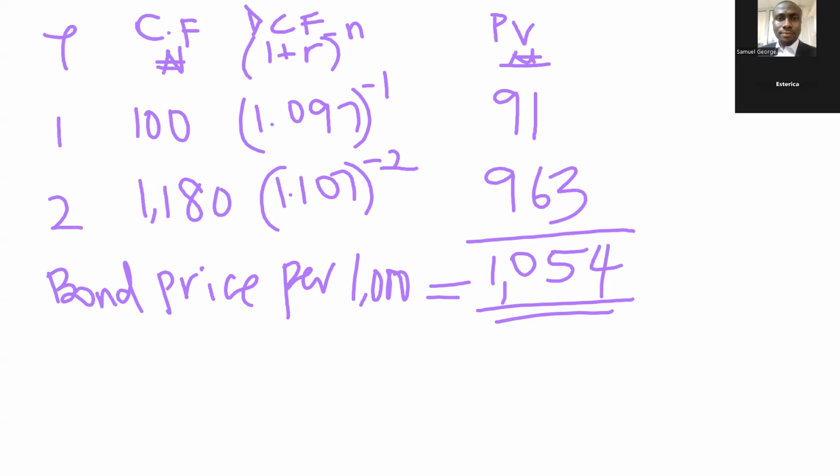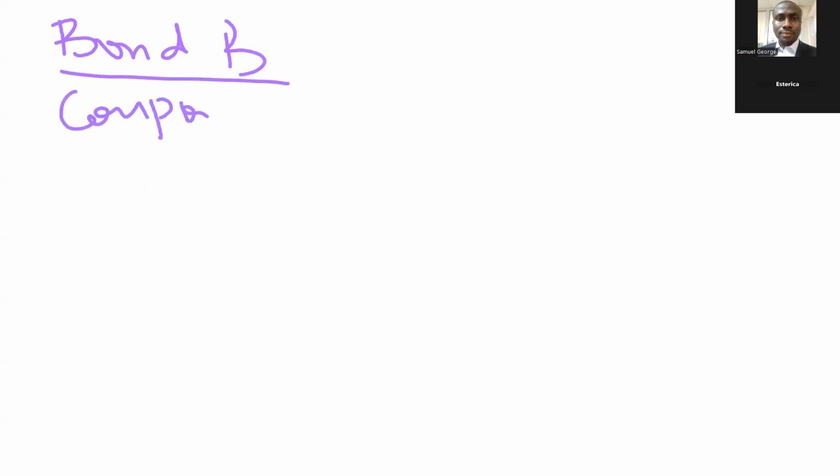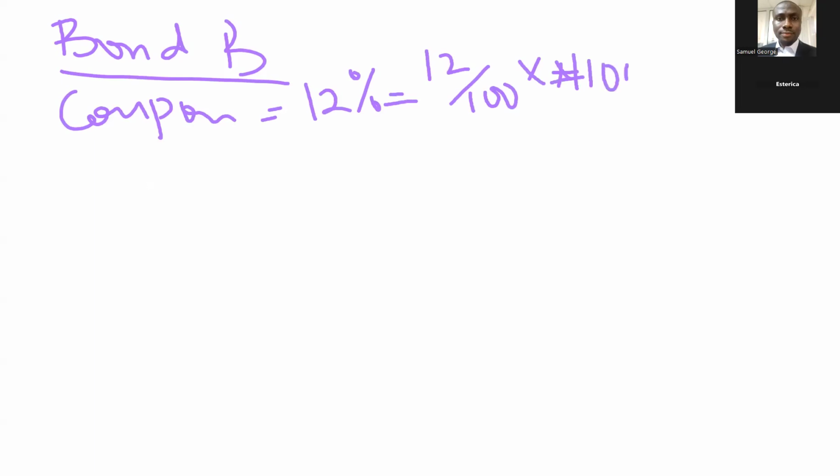So very quickly, let us do the same thing for bond B. Calculation of bond B. What is the coupon of bond B? They said the coupon is 12%. If you check back in the question, coupon is 12%, which is equal to 12 divided by 100 multiplied by 1,000 Naira.